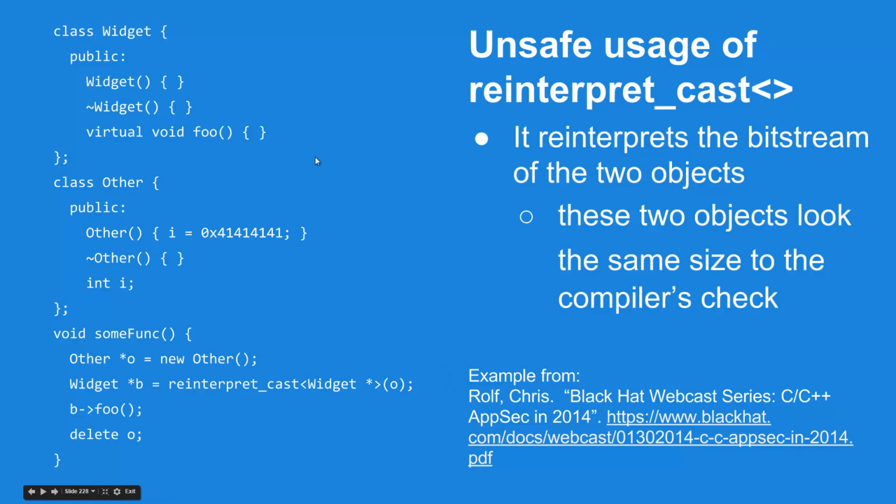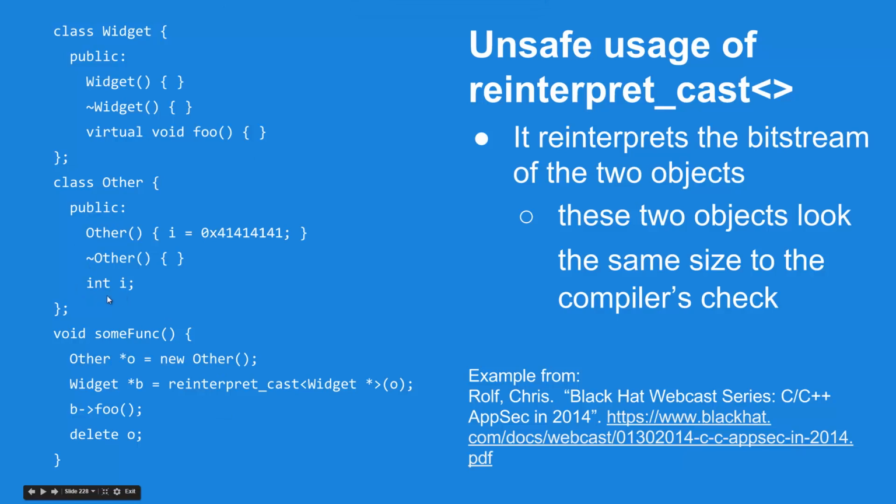So here we have two classes, widget and other. They both have the same footprint in memory. They have a constructor, destructor, and a pointer to a function, which is also the same size as an integer, at least on a 32-bit system. So on a 32-bit system, these are the same.